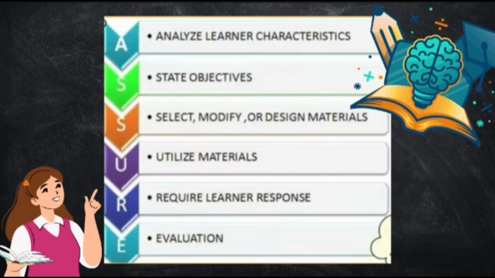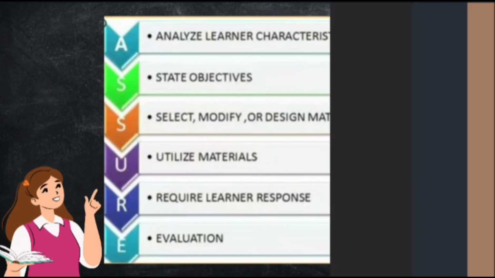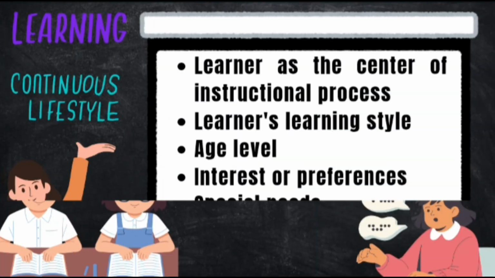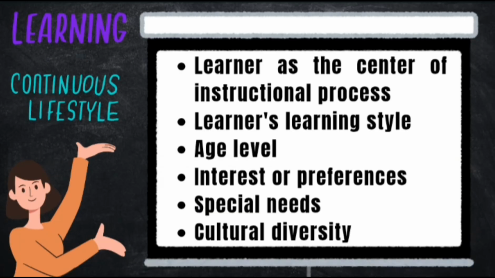So now, let's discuss each letter of the ASSURE model and know the purpose of each. First step is Analyze Learners. It says in the first bullet, learner as the center of the instructional process.